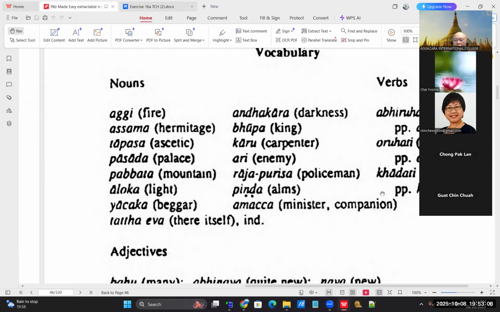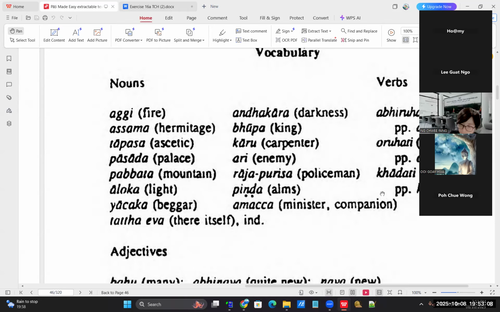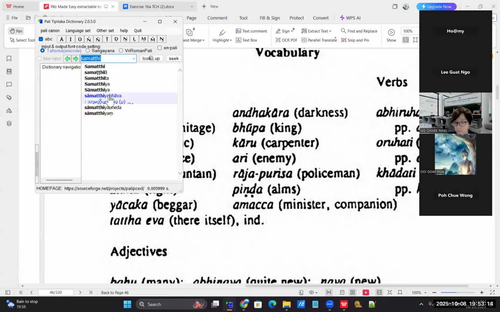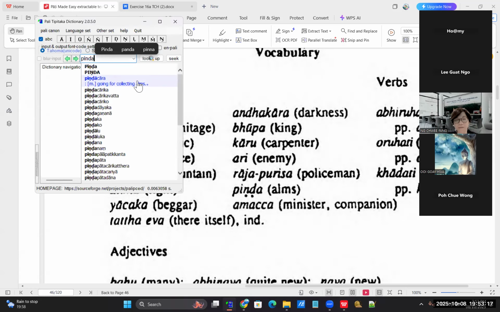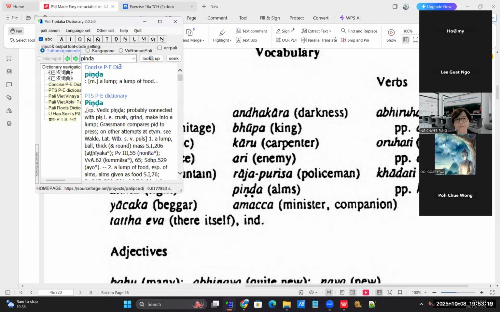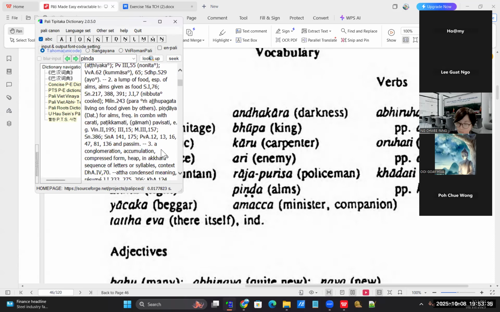Now, piṇḍa. Normally you hear the words piṇḍapāta, piṇḍacāra. Go for alms. So piṇḍa here means alms. But there's another meaning of piṇḍa. It's a lump of food. Because when they go for alms, they drop the food in the bowl.